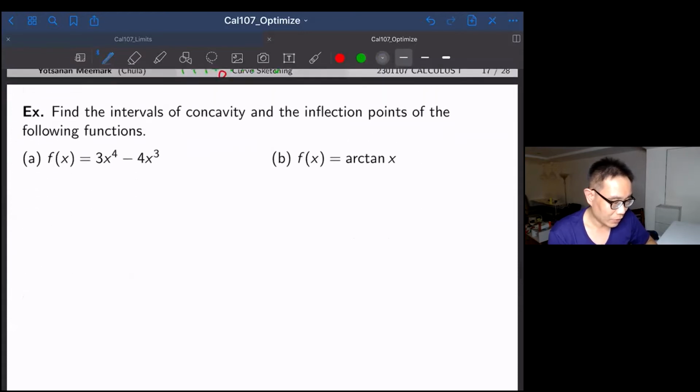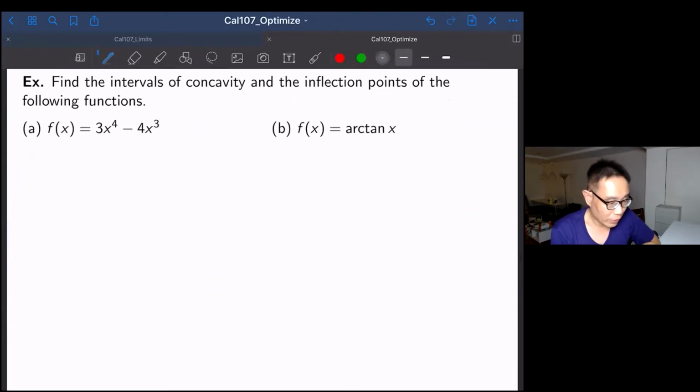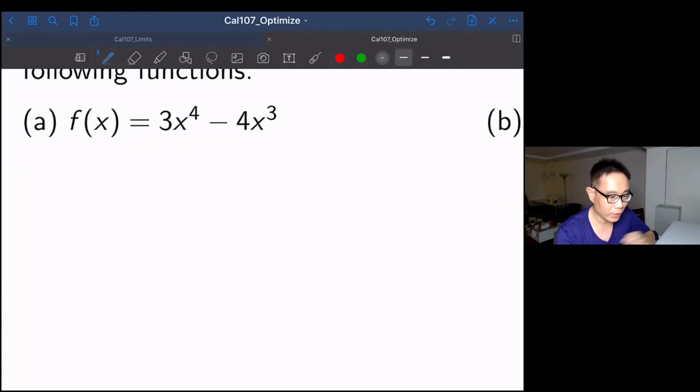Let's do an example. You'd like to find the interval of concavity and the inflection point of the following function: f(x) equal to 3x to the fourth minus 4x cubed. What you need to do is find the second derivative.